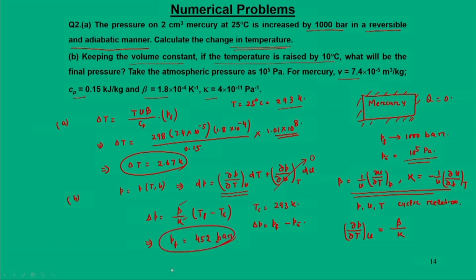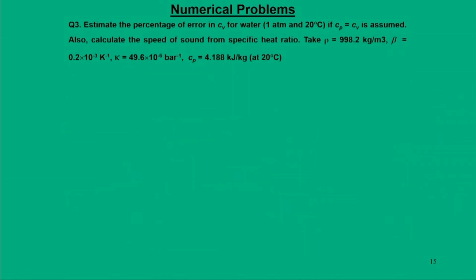What it says is that if the temperature of mercury is raised by 10 degree centigrade, keeping volume constant, we require 452 bar for this change in the temperature. That is because the values of beta and kappa are very small. That means mercury is typically insensitive.